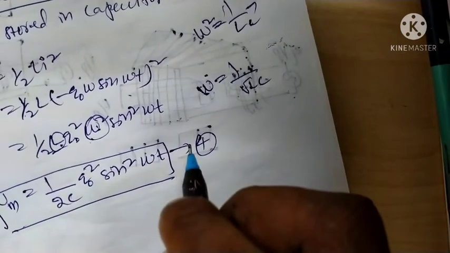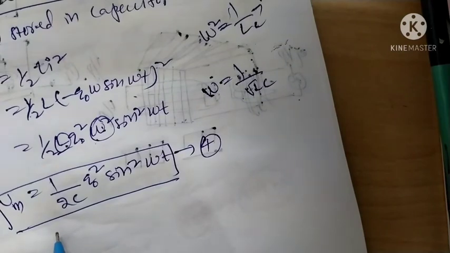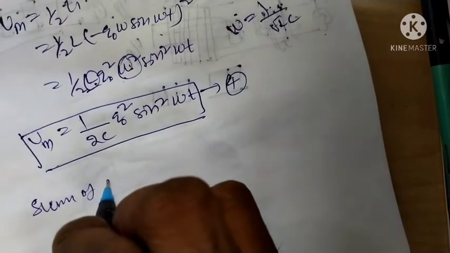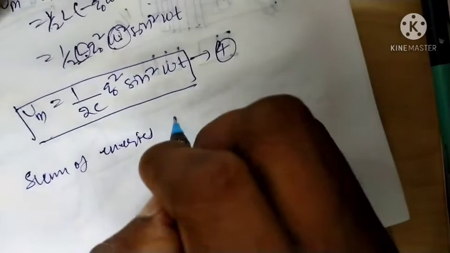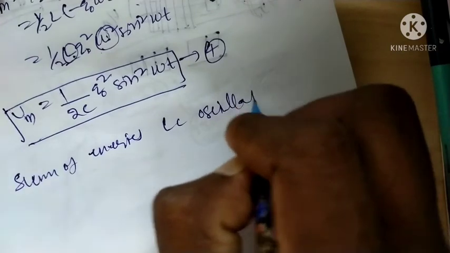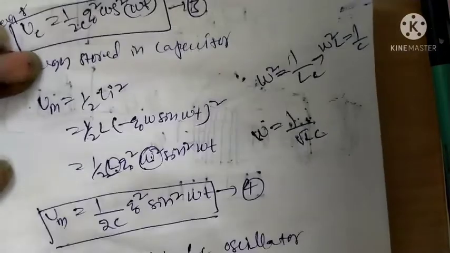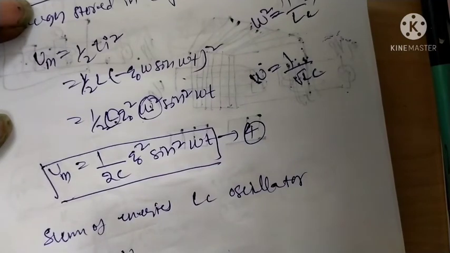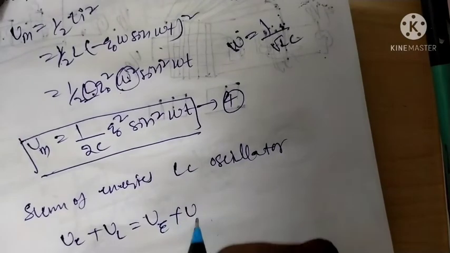Now sum of the energies in the LC circuit or LC oscillator. Okay, that is energy stored in the capacitor plus energy stored in the inductor, that is UE plus UB, or UM, magnetic field.